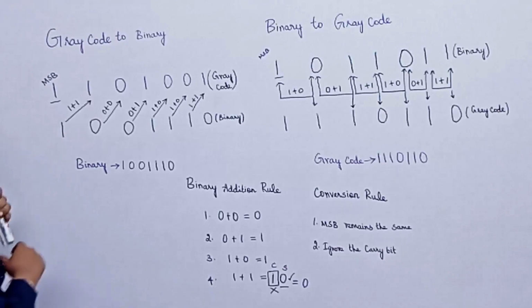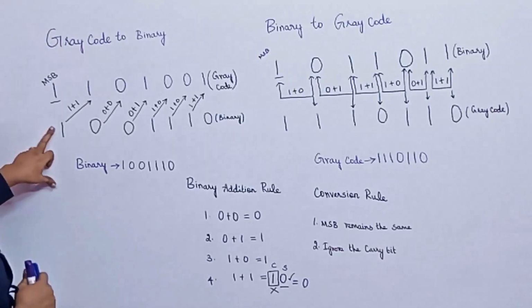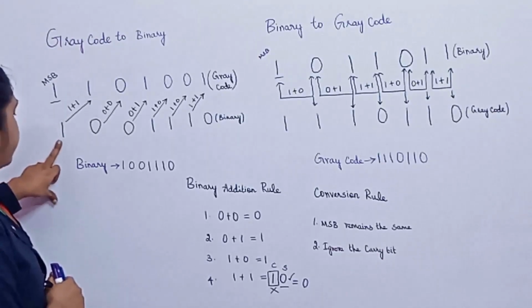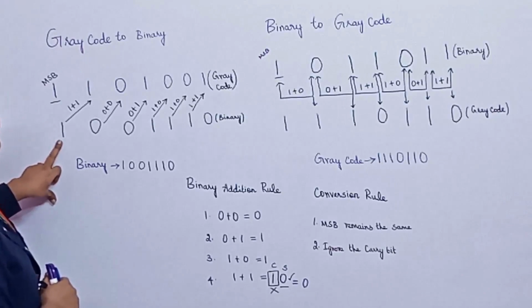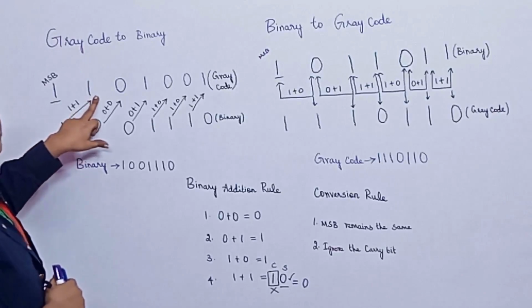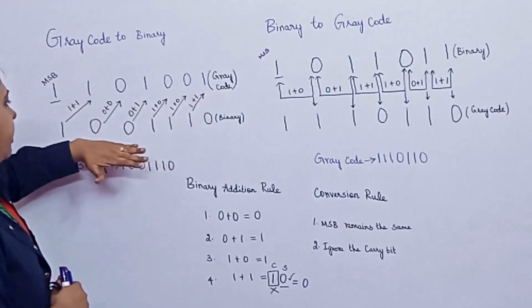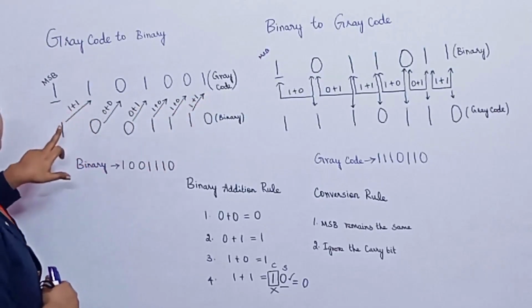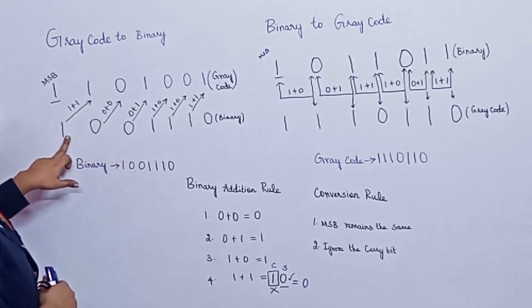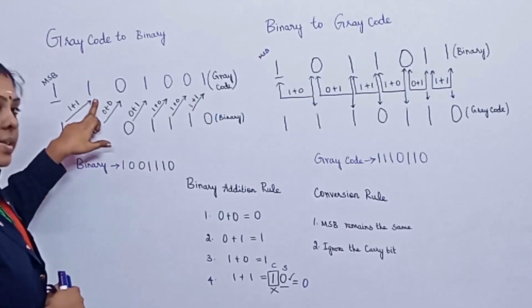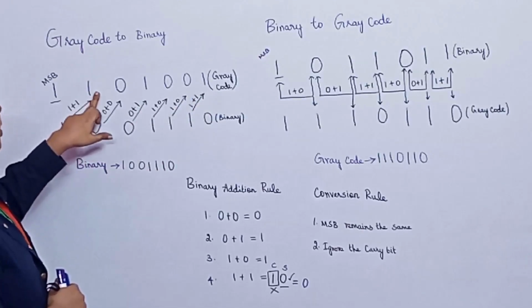For the next conversion, this resultant 1 has to be added with the next subsequent bit of the gray code. This is the gray code bit and this is the resultant binary bit. So the resultant binary bit has to be added to the next subsequent bit of the gray code.